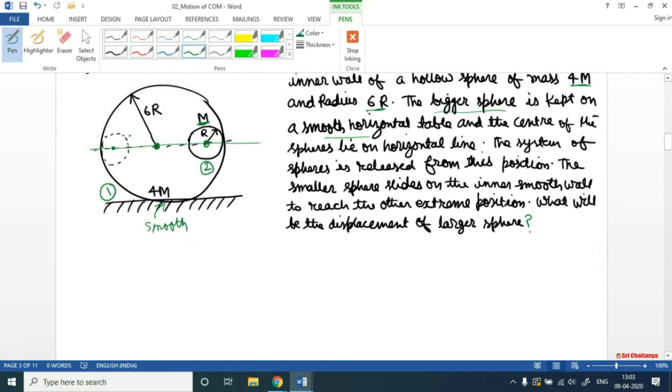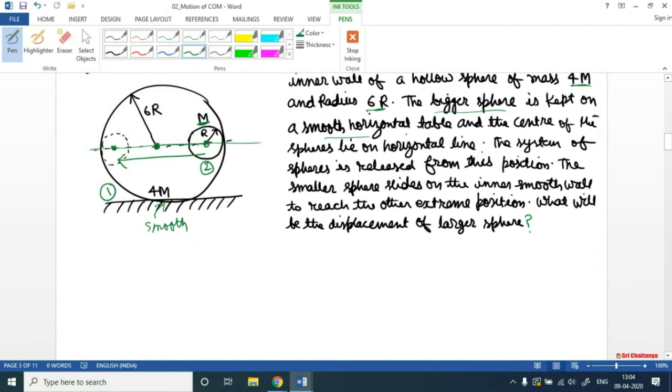One thing we can say for sure is that this would be the displacement of the smaller sphere with respect to the larger sphere.